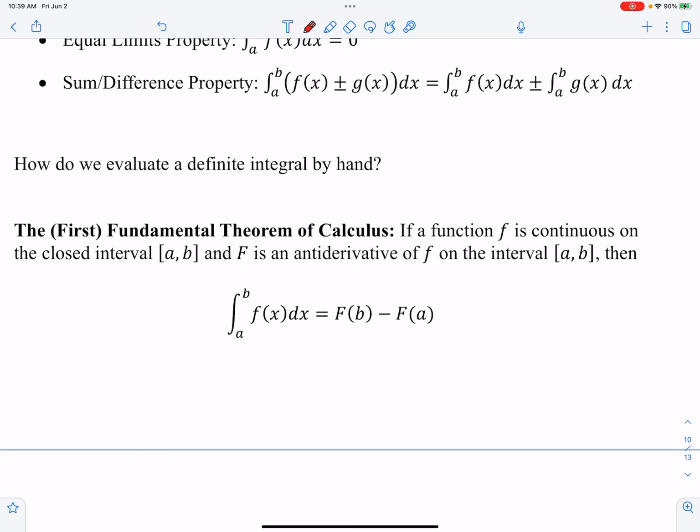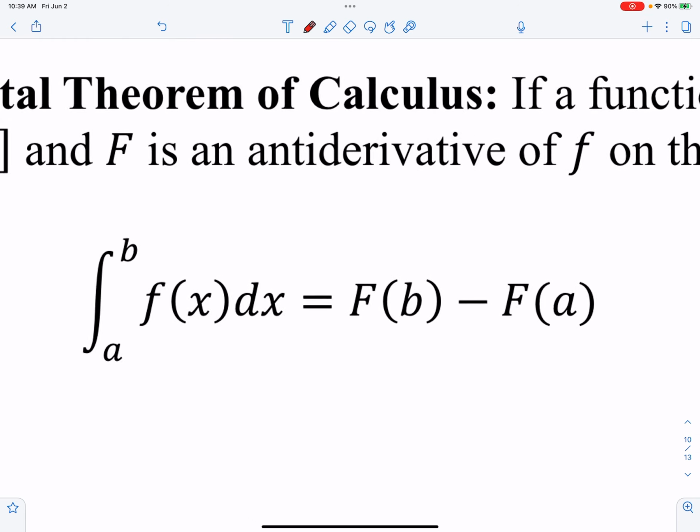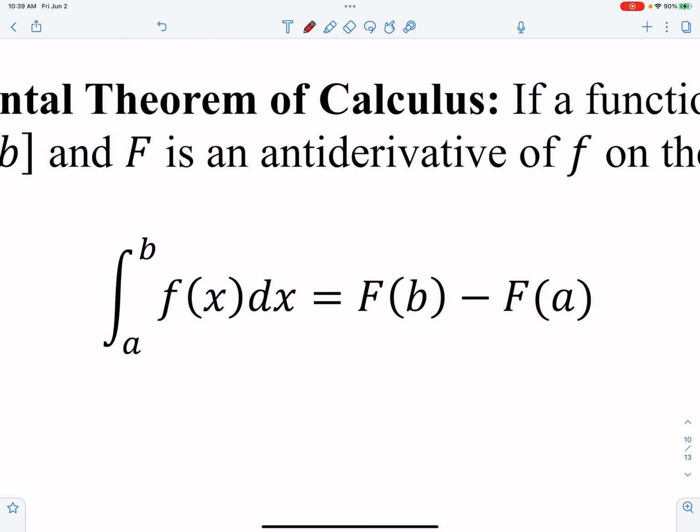And it says that if a function f is continuous on the closed interval from a to b, and capital F is an antiderivative of lowercase f, then this is what the definite integral will be equal to.